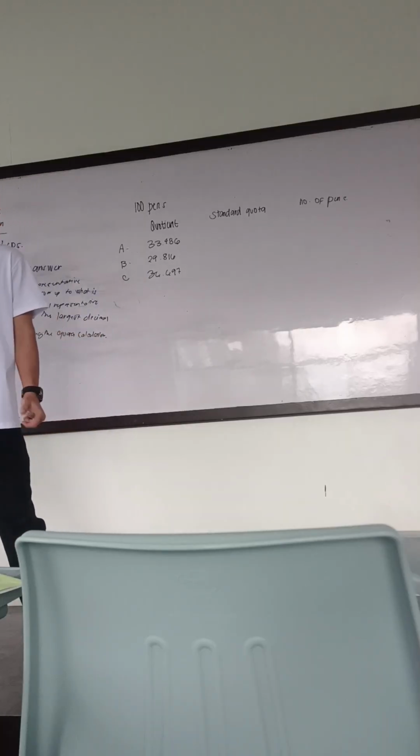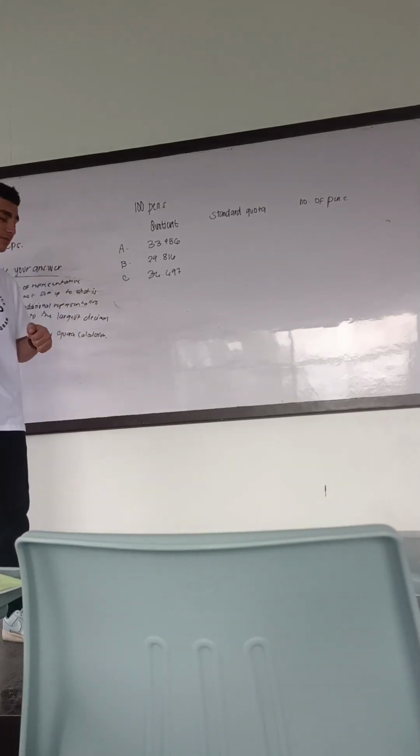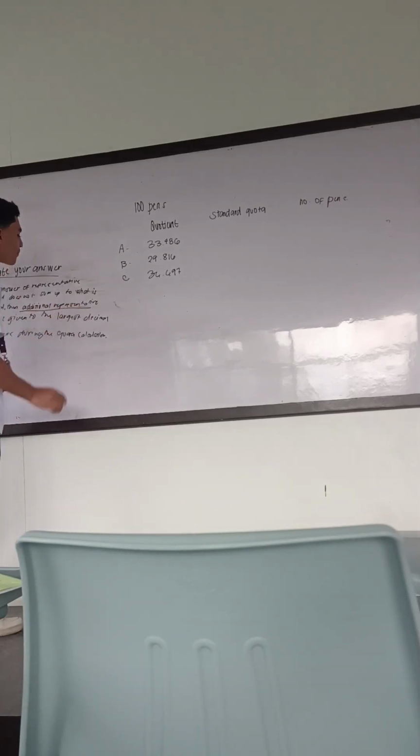Our last step, which is the fourth step in calculating apportionment by the Hamilton Plan, indicates to evaluate your answer. But take note that if the number of representatives obtained does not sum up to what is desired or expected, an additional representative will be given to the largest decimal remainders during the quota calculation.